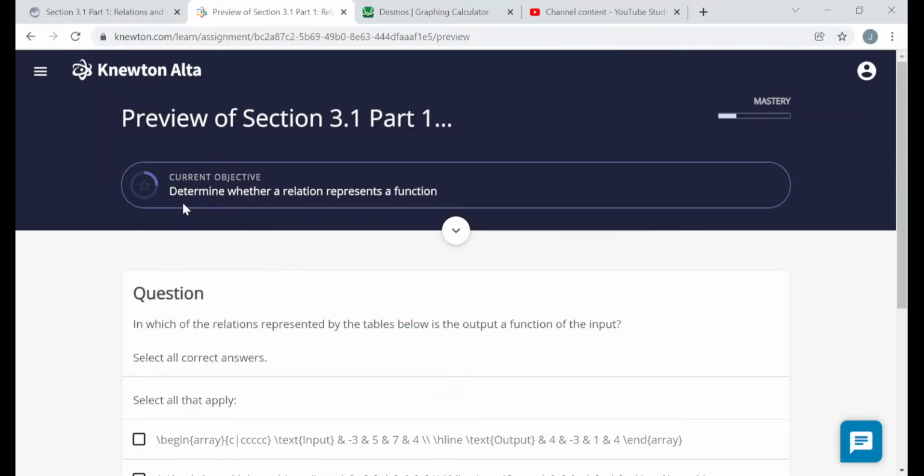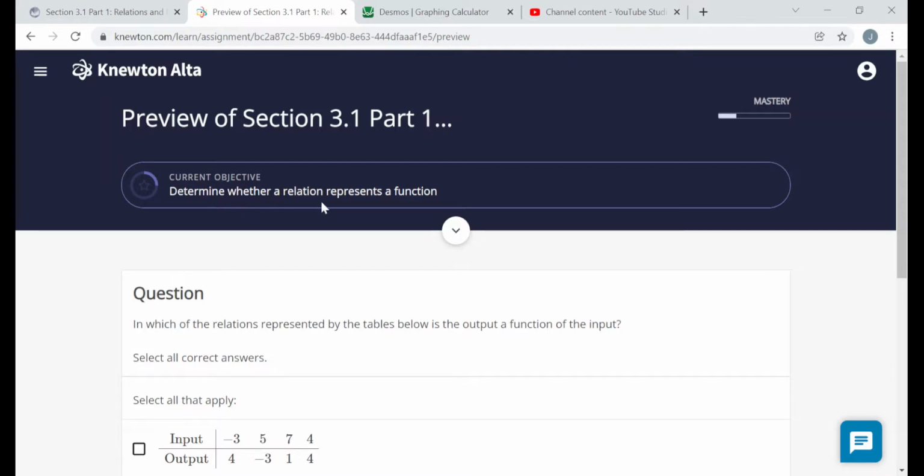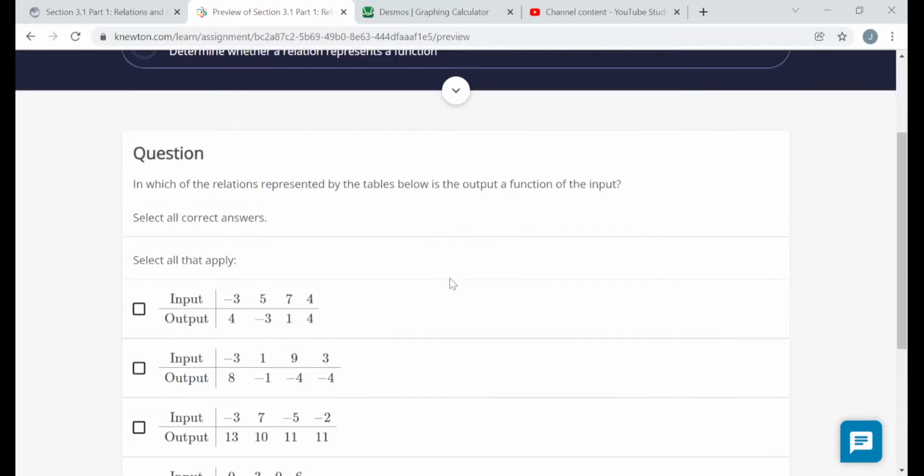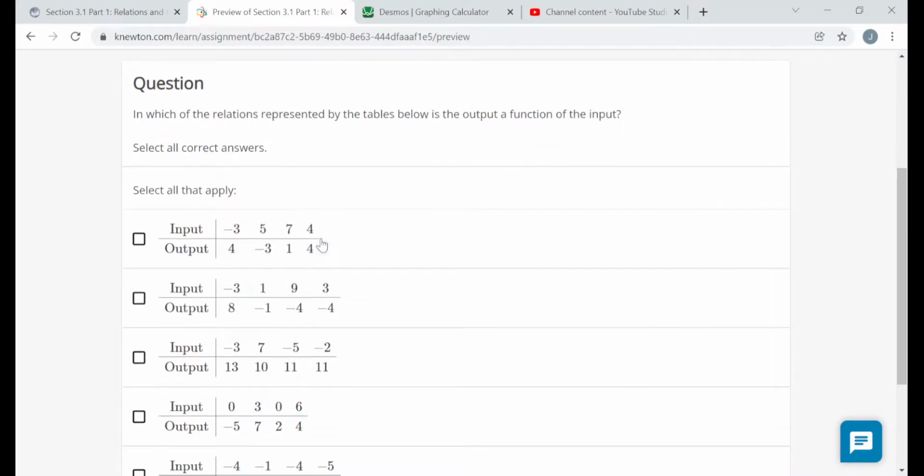We're changing objective back to that determine whether a relation represents a function. So it's just like the first example I went over. Once again, we're given input-output tables and saying, is it a function or not? So here, every input shows up once.